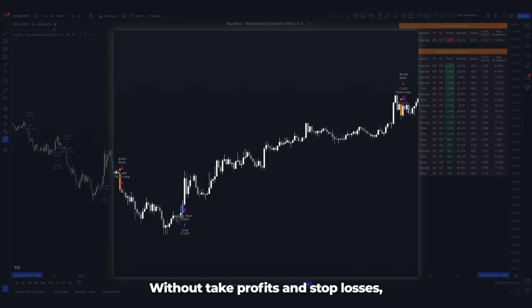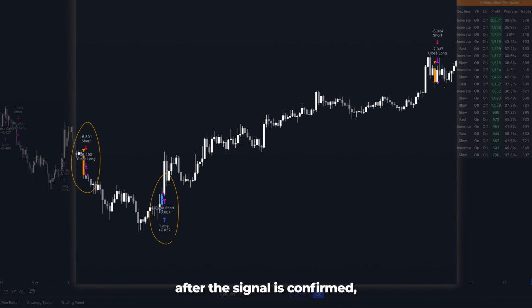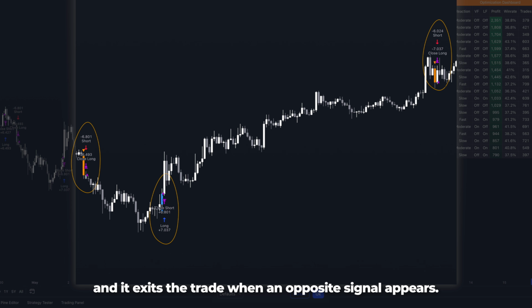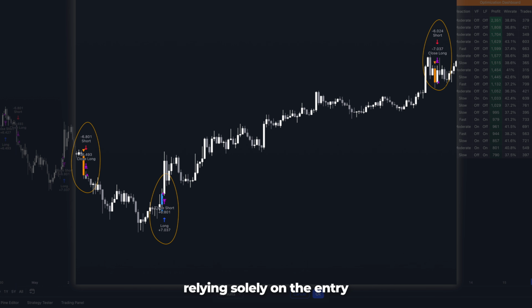Without take profits and stop losses, the backtesting system enters a trade after the signal is confirmed, that is, after the candle closes, and it exits the trade when an opposite signal appears. This process continues similarly for each trade. This is how the backtesting system operates without take profits and stop losses, relying solely on the entry and exit signals generated by the trading strategy to manage trades.